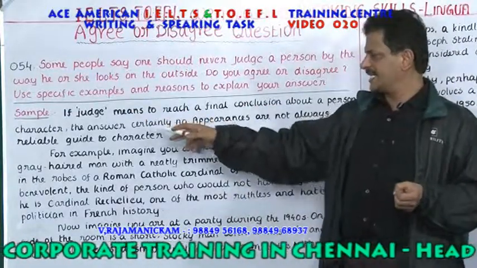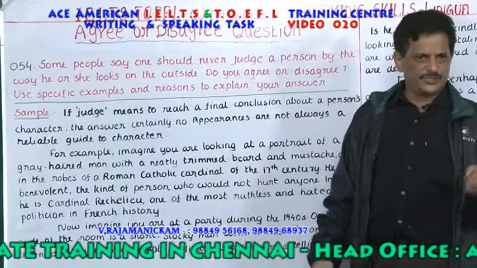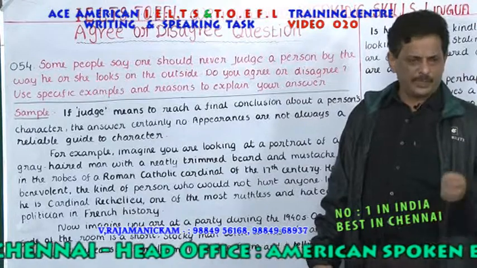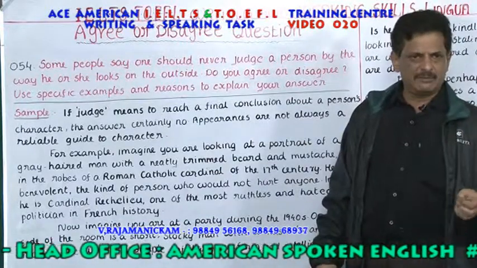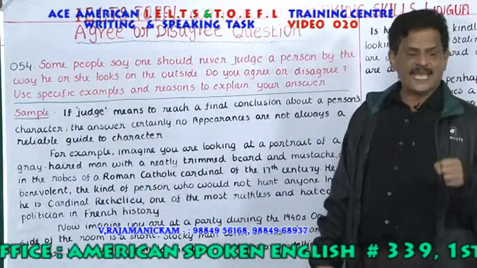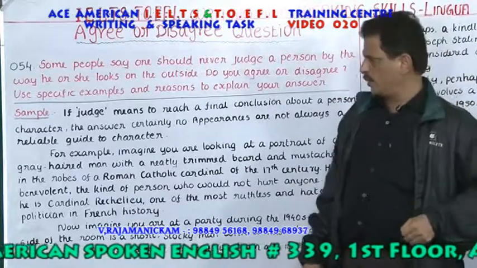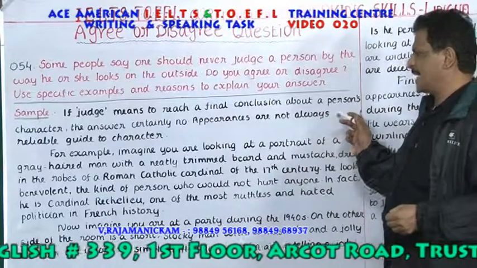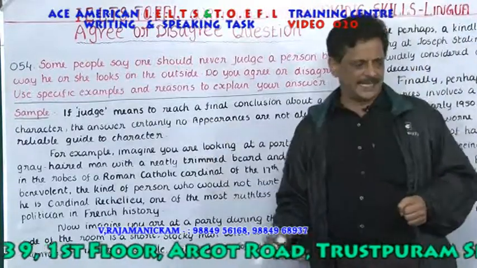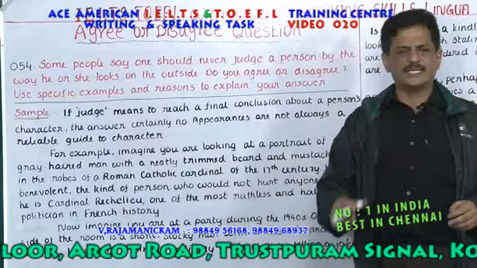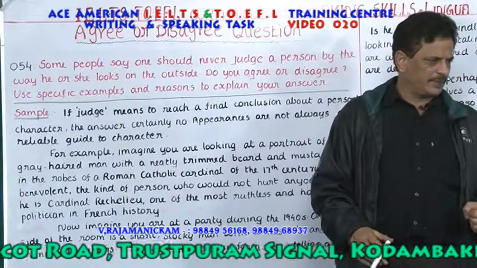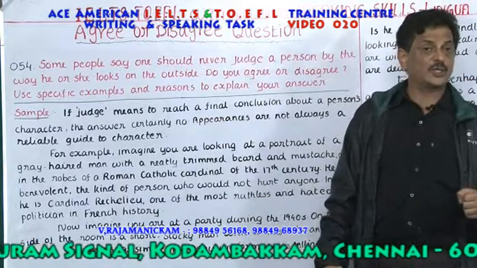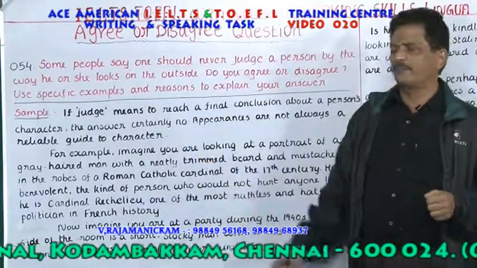The answer, certainly no. Judging means coming to a final conclusion about a human being's character by outward appearance. The answer is definitely no. The appearances are not always a reliable guide to character. The outward appearance is definitely not a reliable guide to find out the character of a person.